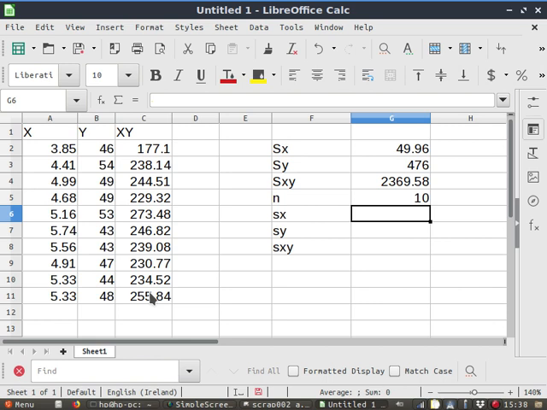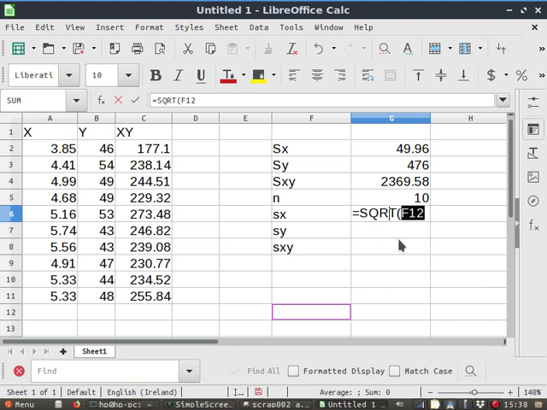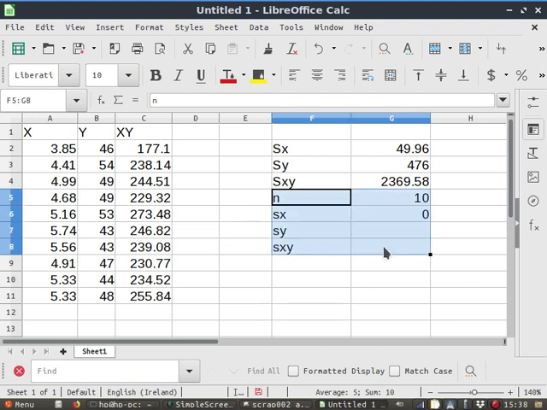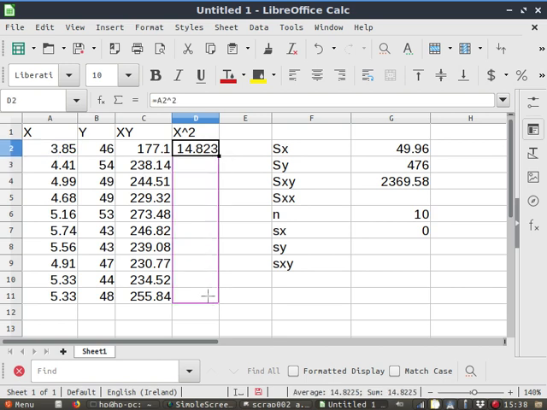So, small sx is equal to square root. Oh, I've missed one. There's one more I still need to get, isn't there? I also need sxx, don't I? Yeah. Sxx. So that here is x squared. Each one squared, like that. Okay.